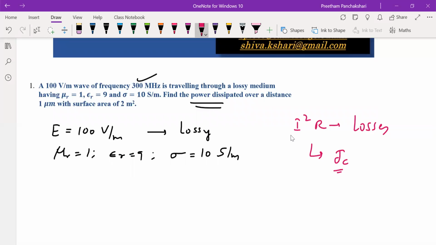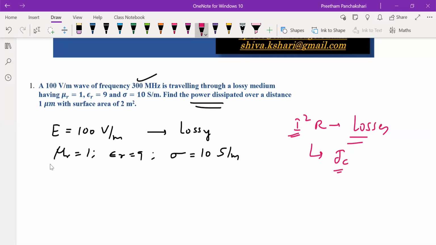So the conduction current gives this current. J_C is the conduction current density, I is the conduction current. These losses are predominant in a good conducting medium. So that is the lossy medium.